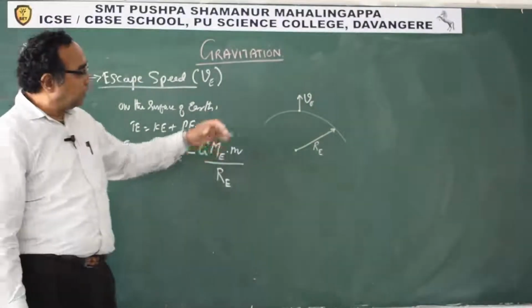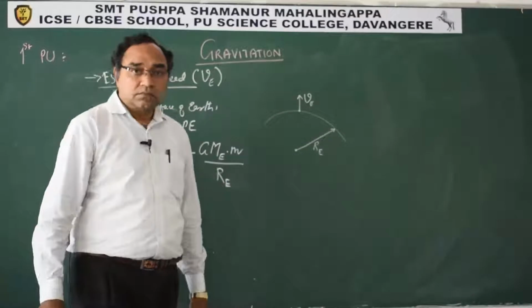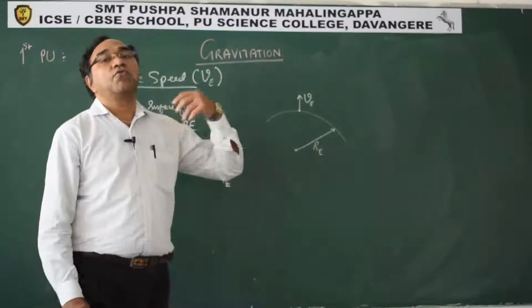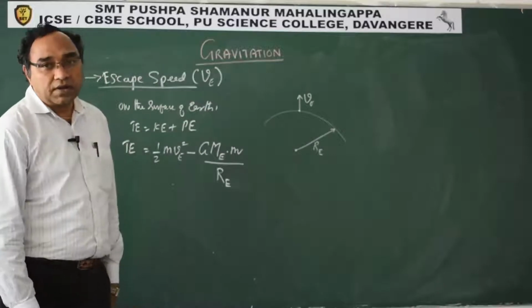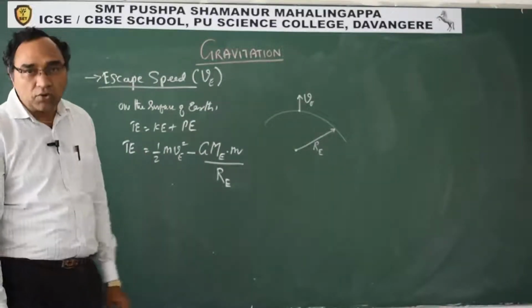Now I want the body to escape the gravitational pull. It should go out of the gravitational field of Earth, it should go to infinity. Normally we consider that at infinity the energy of any body is 0.